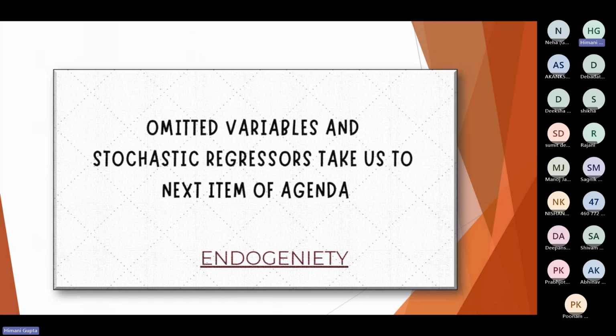So now we are going further to the stochastic regression. That means all those terms which are sitting in the error term, which are randomly coming. And that is the main problem of your regression.